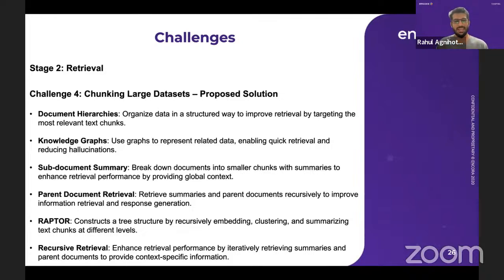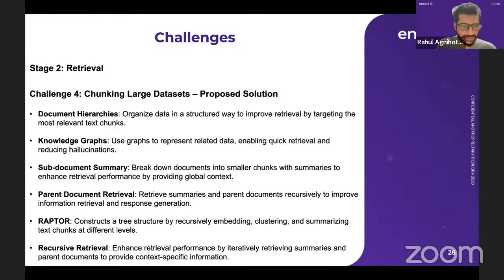Then you may have parent document retrieval, where you retrieve the summary, and then using the summary, you retrieve the parents. And there's something called RAPTOR, or recursive retrieval. Recursive retrieval is where you retrieve more than once until you reach the right documents you want. I want to discuss RAPTOR here.